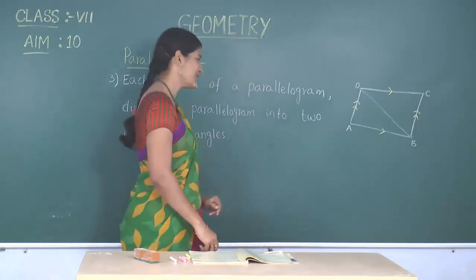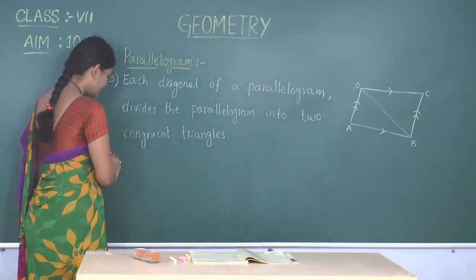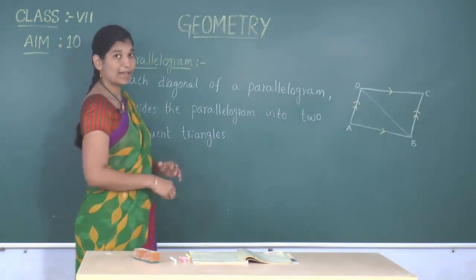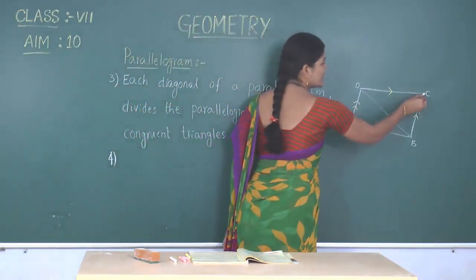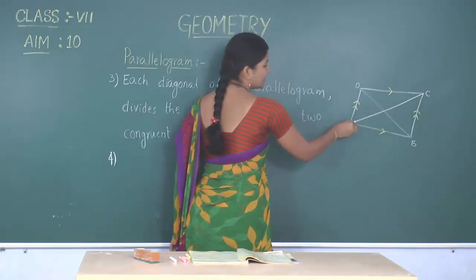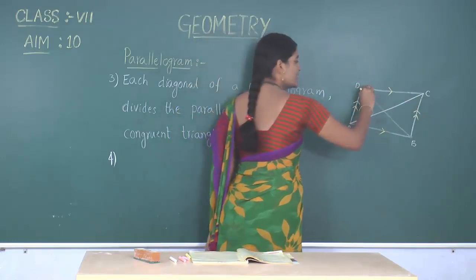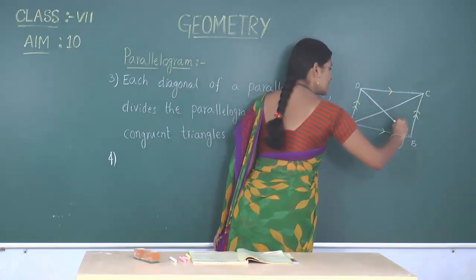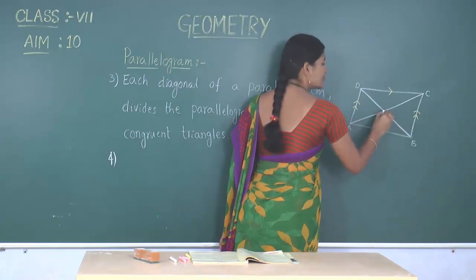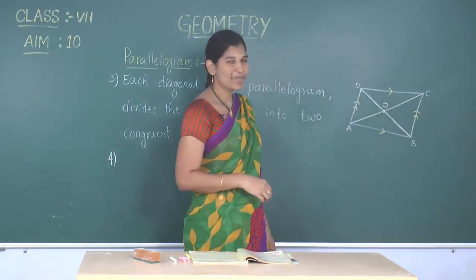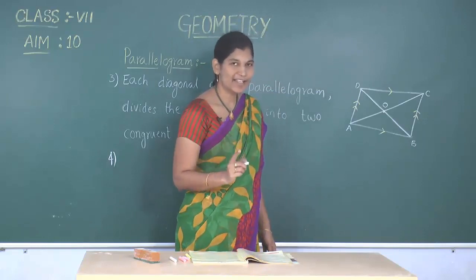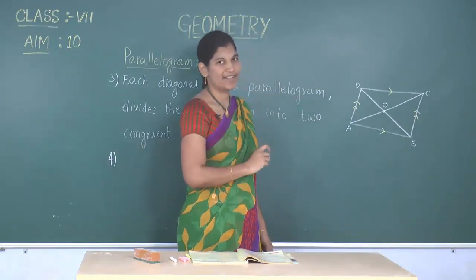And the next property of the parallelogram is that in a parallelogram, diagonals bisect each other. Let me draw one more diagonal here. See here, in this figure, you can see two diagonals. Those two diagonals are meeting at the point O. What I am saying? Diagonals bisect each other.